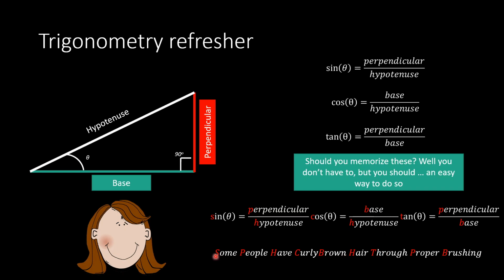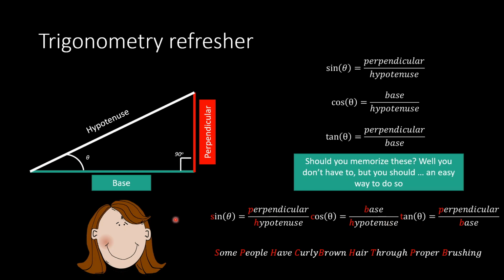So we've got some people have, so sine theta is equal to perpendicular over hypotenuse. Curly brown hair, so cos theta is equal to base over hypotenuse, and then through proper brushing means tan theta is equal to perpendicular over base.